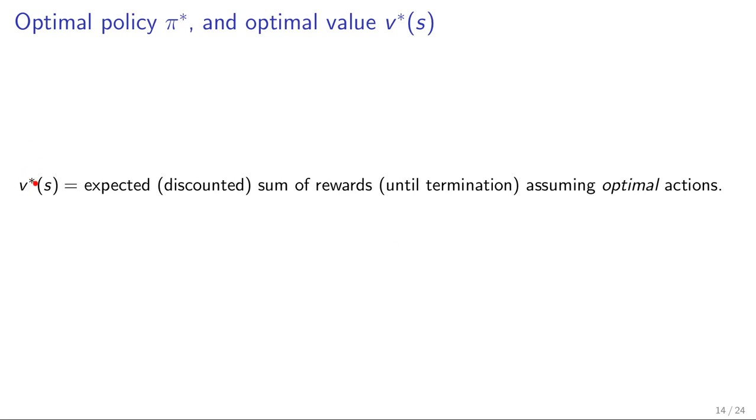So the star always means optimal policy and optimal value of a state. So if the policy is fixed, then I can assign values to states, and that's the expected, possibly discounted sum of rewards, assuming optimal actions or assuming actions of a fixed policy. But as soon as I know what to do, even if there is uncertainty, I can deal with this expected return.